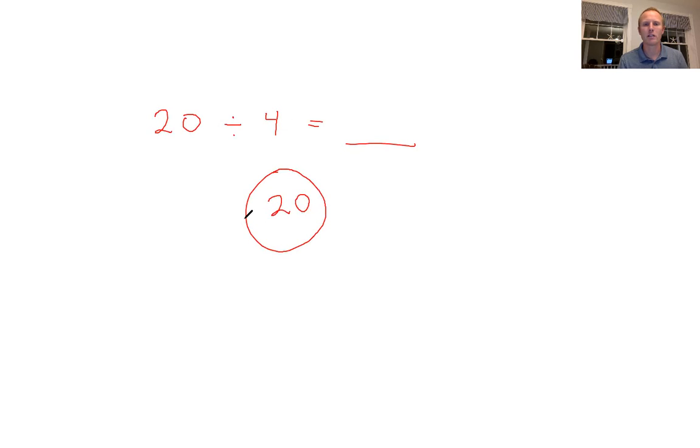So what that means is I'm going to keep drawing arms off my total here with 4s on the end. And I'm going to count as I go by 4s until I get to 20. So 4 plus 4 is 8, plus 4 more is 12, plus 4 more is 16, and then 4 more is 20.